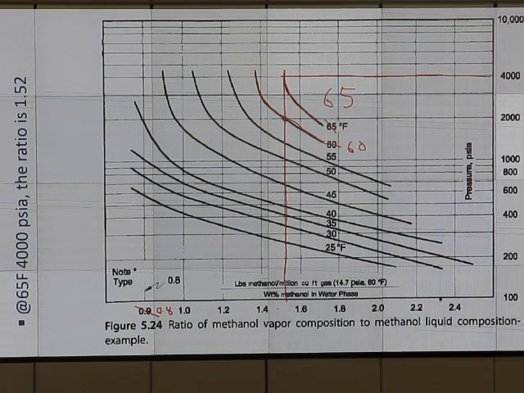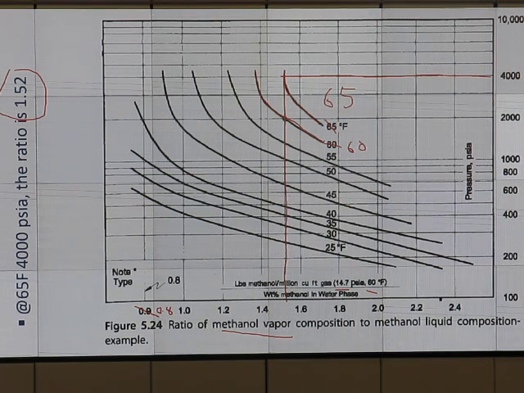Okay, 1.52 is the ratio of pounds of methanol in gas phase per million standard cubic foot of gas, and that standard is 14.7 and 60°F. Okay, ratio of methanol vapor. So this graph tells us how much methanol goes in the gas phase.